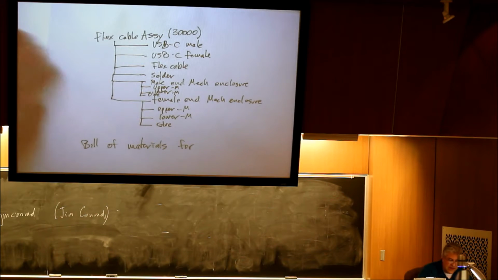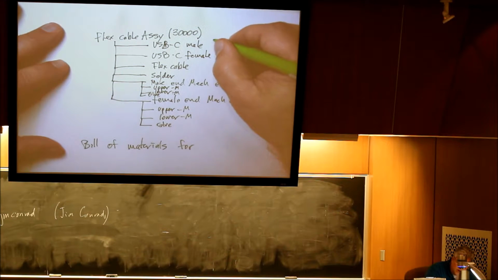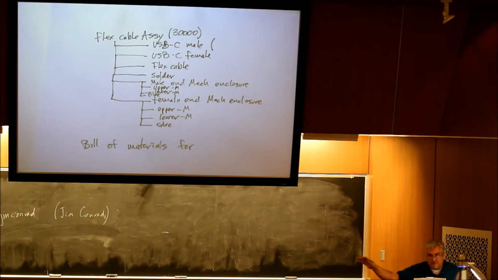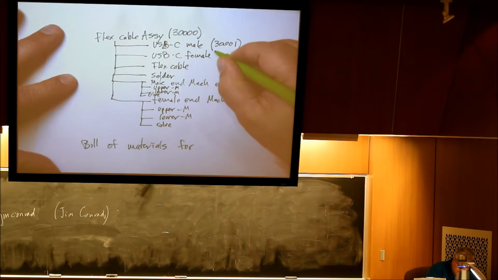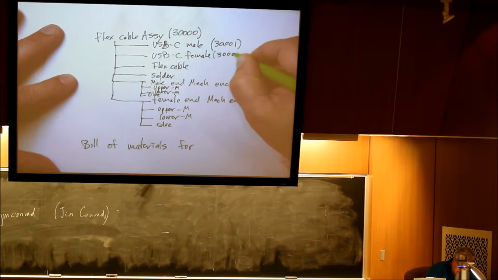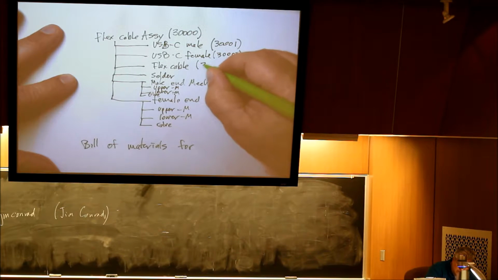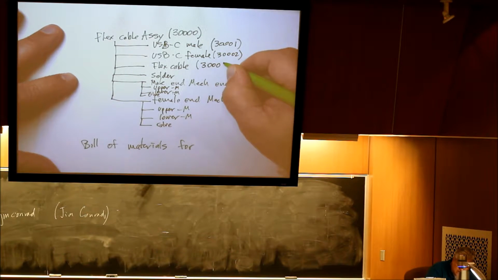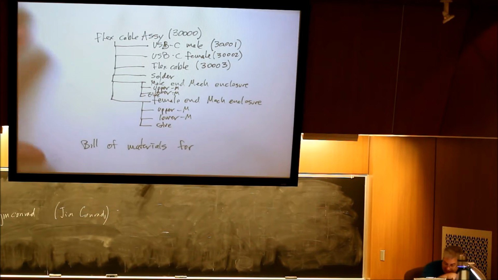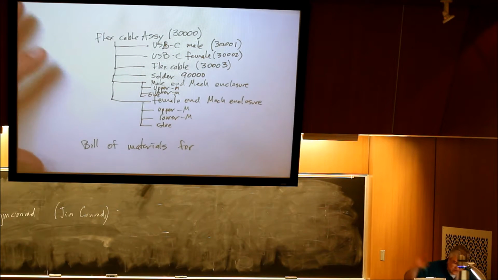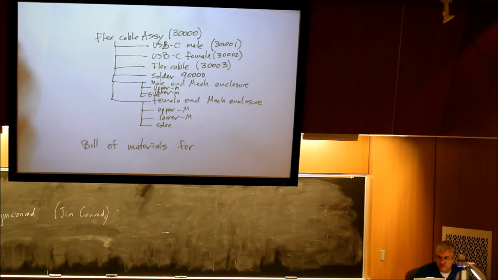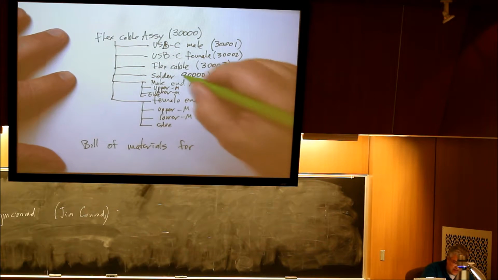And as a part of that, the male part, even though we buy it from somewhere else, will be 3001. This is 3002. The flex cable is going to be 3003. Solder is actually a general thing, and so we'll just call solder as a general supply. It'll be given the number 9000.